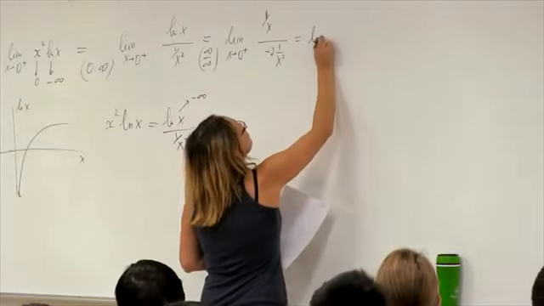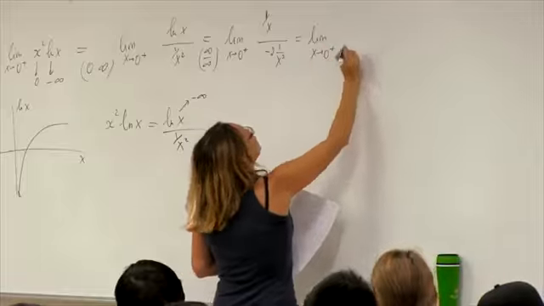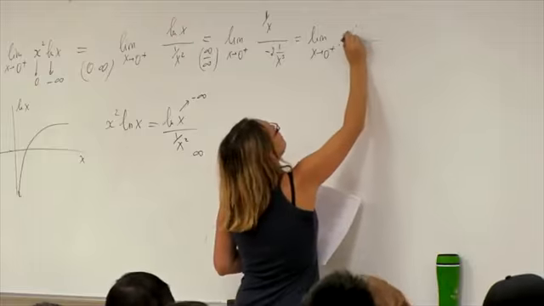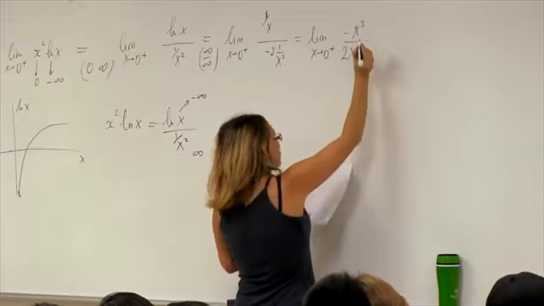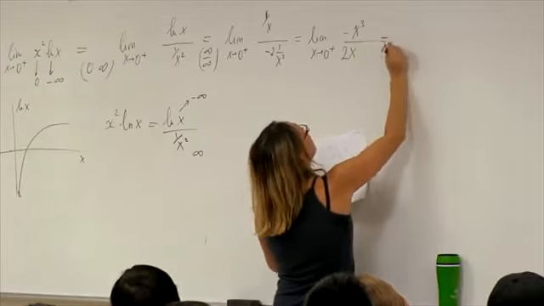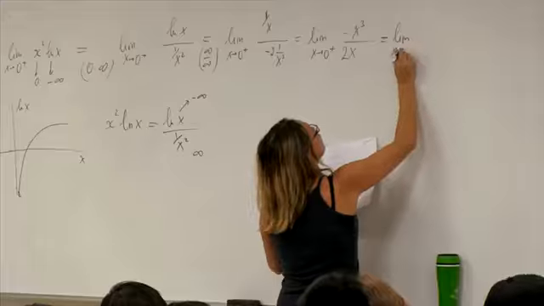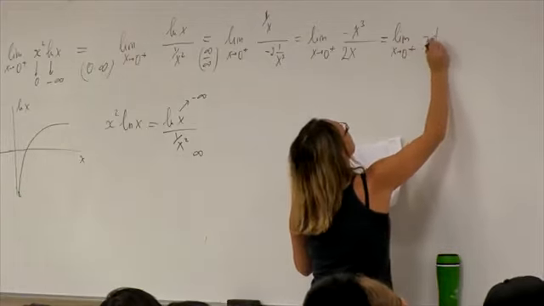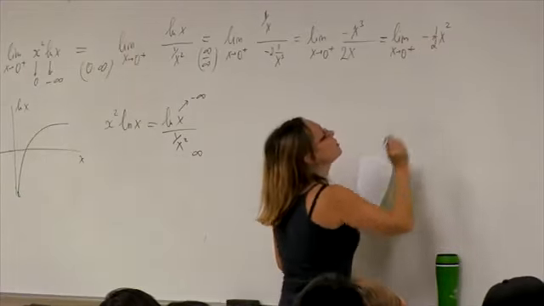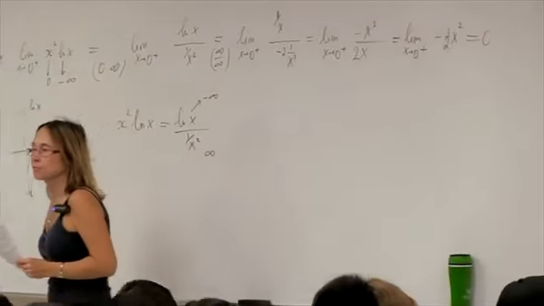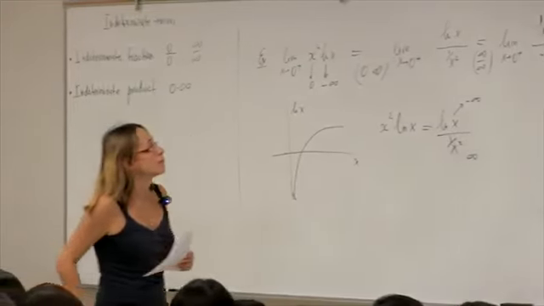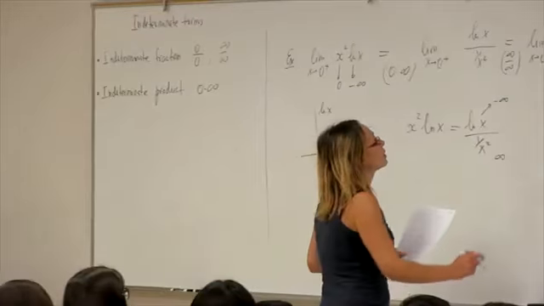We say that this is the limit of 1 over x minus 2x cubed, right? Simplify some more. Minus 1/2 x squared, and that's 0. Okay. Question? Where did you get the negative 2 under 1 over x?